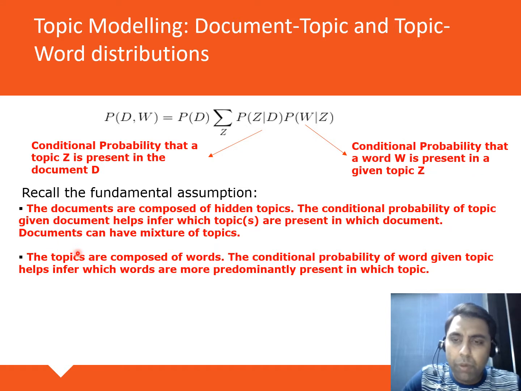That is how the probabilistic foundation of topic modeling is laid down, and it is perfectly aligned with the two fundamental assumptions of the topic model: that text data is composed of some hidden topics, and every topic has a distribution of words in it, and depending on the distribution, some words are more likely to be present in some topics than in others.